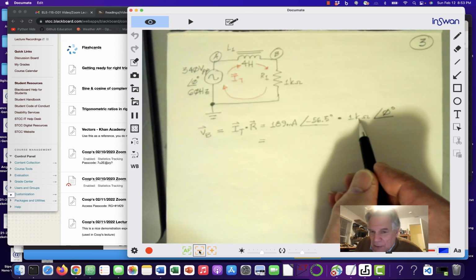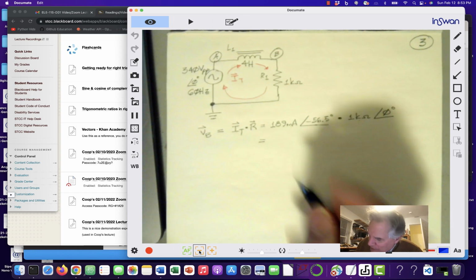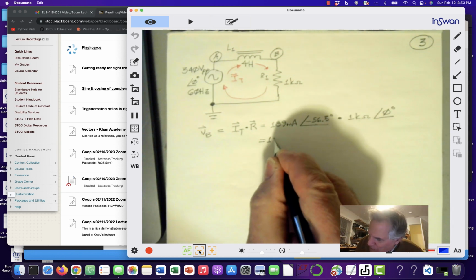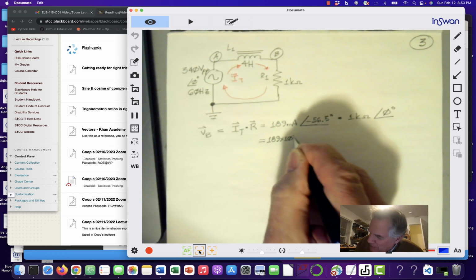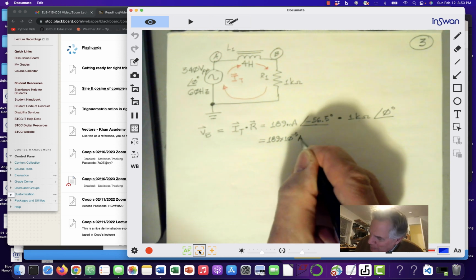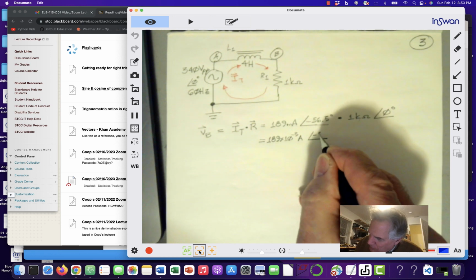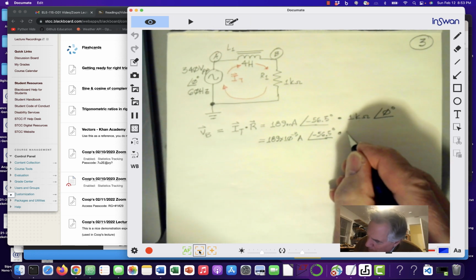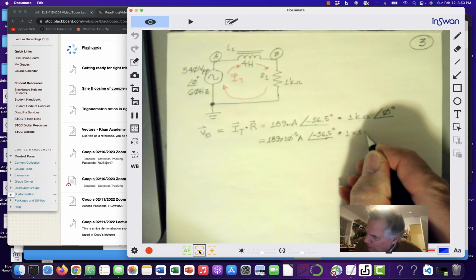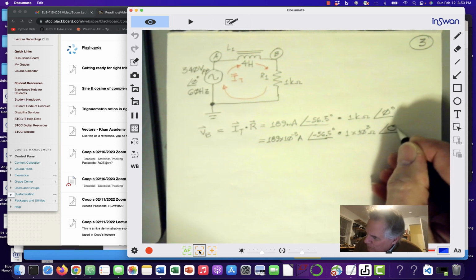Milliamps times k ohms. This is 10 to the minus 3. That's 10 to the plus 3. So let's just do it anyway to make it clear. This is times 10 to the minus 3 amperes at minus 56.5 degrees times 1 times 10 to the 3 ohms at 0 degrees.